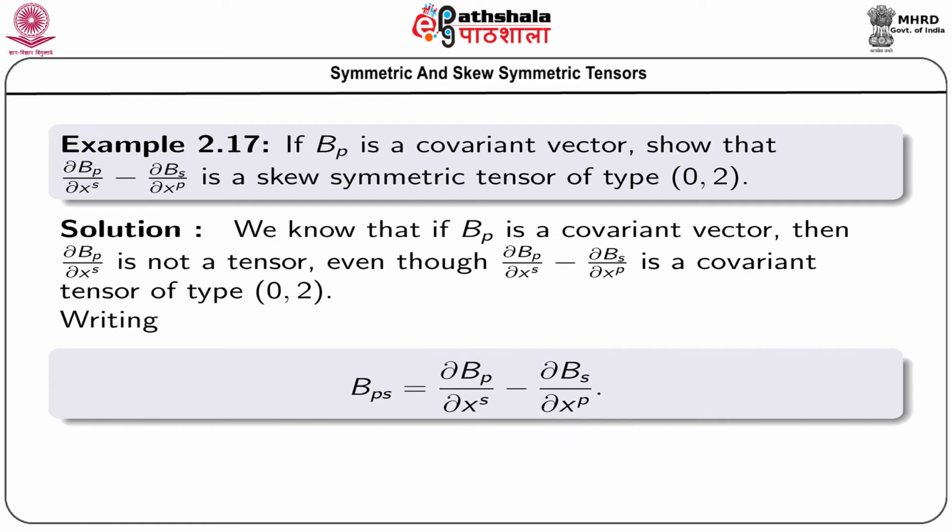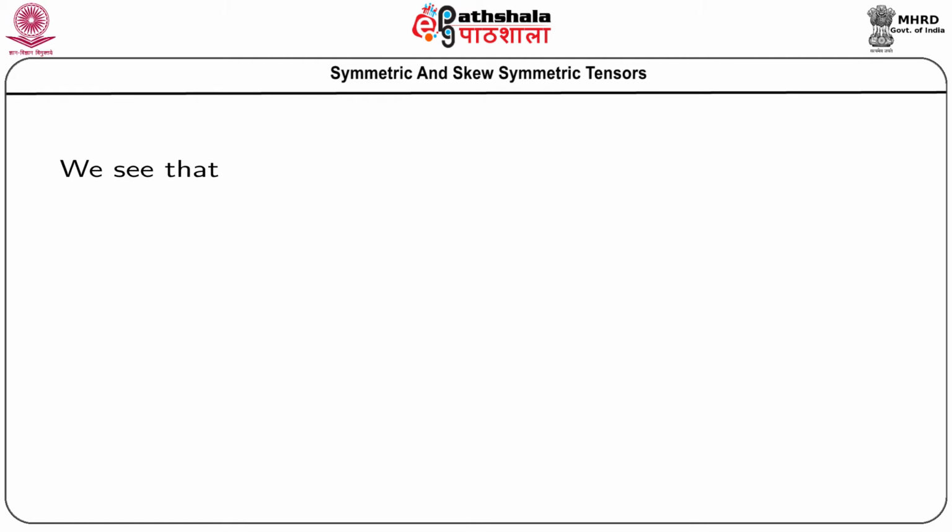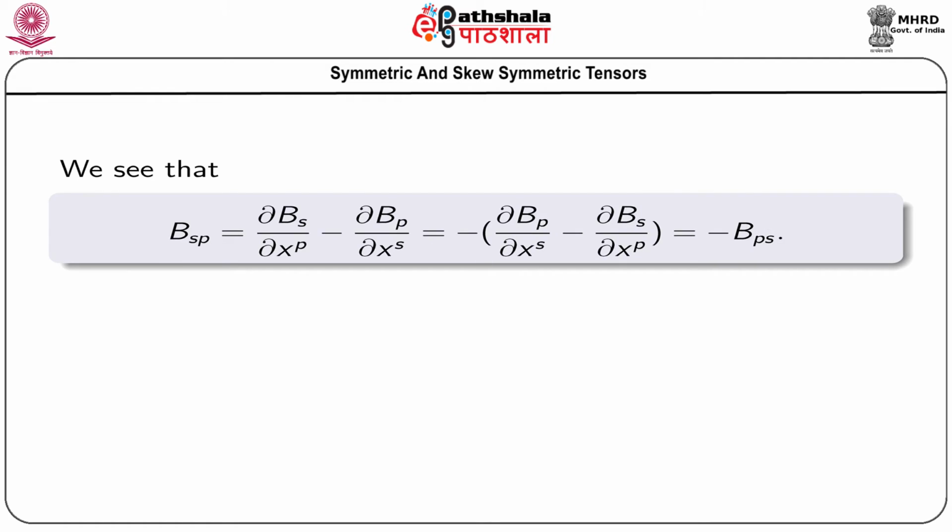Now, writing this expression del B_p del x^s minus del B_s del x^p as B_ps, we see that B_sp equals del B_s del x^p minus del B_p del x^s, which is a minus of (del B_p del x^s minus del B_s del x^p), that is equal to minus B_ps. Thus, B_ps is skew symmetric in p and s.